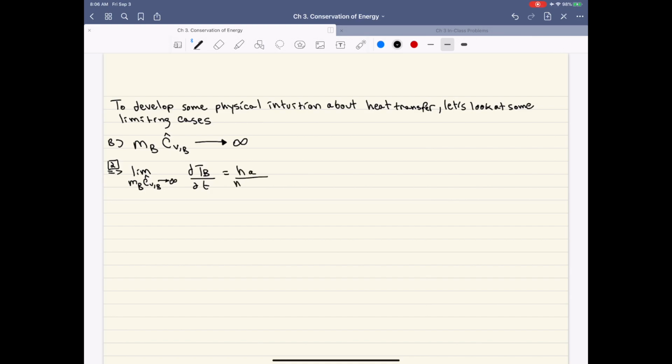If we write out our equation again, since we have MBCVB in the denominator in all of these terms, if we take the limit as it goes to infinity, 1 over infinity is equal to 0. So we get that dTB/dt is equal to 0.